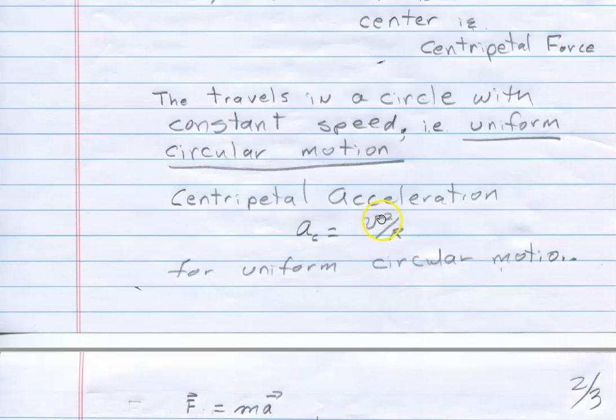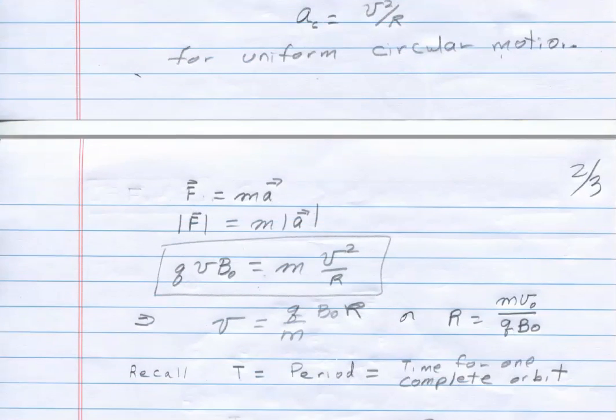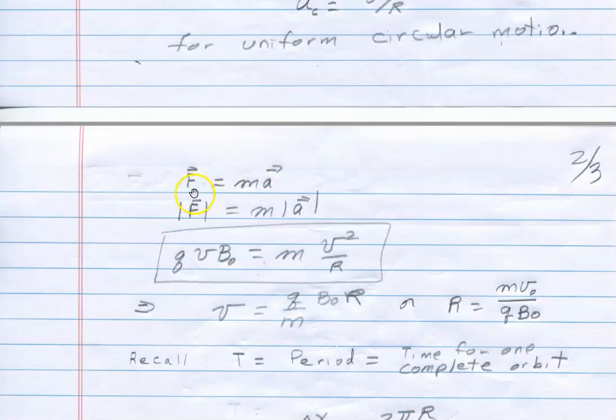It's just the speed squared divided by the radius of the circle it's moving in. And you can use F equals ma. I know the force magnitude, we just calculated that, it was qvB naught. Mass, and then the acceleration, a centripetal acceleration, v squared over r. So F equals ma gives this equation.